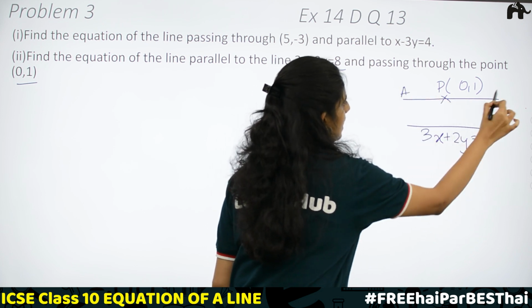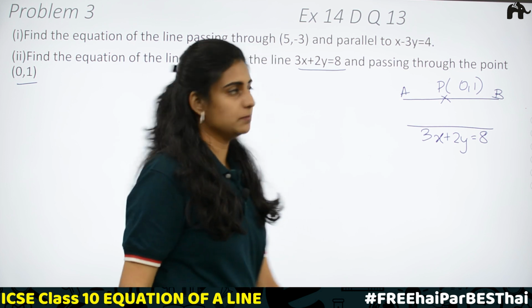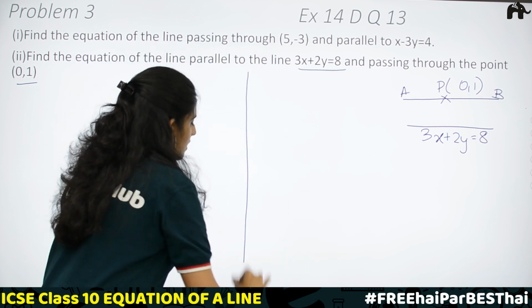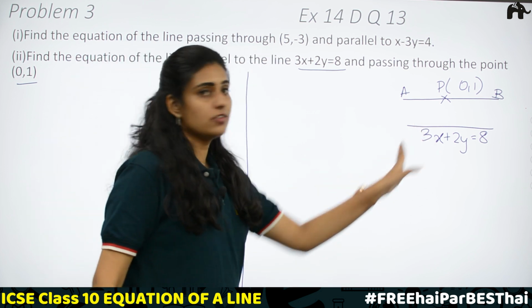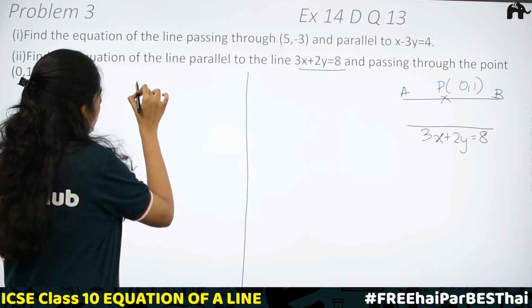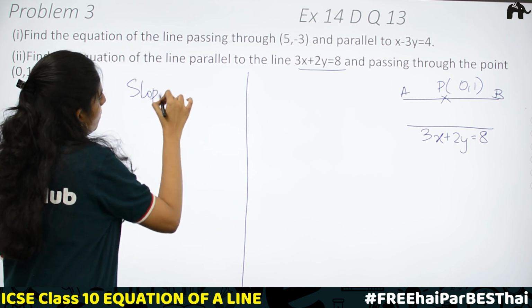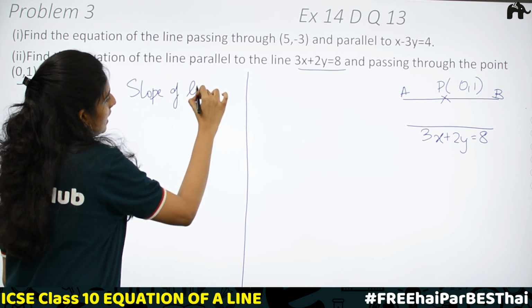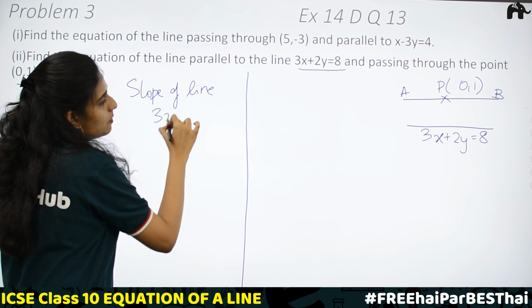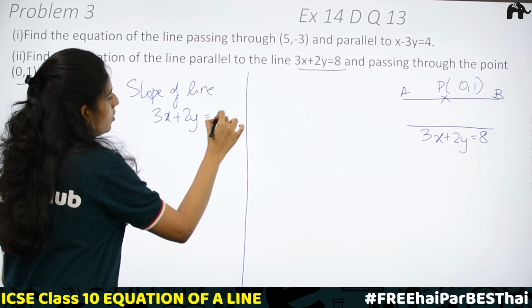Here we take this line as AB. Now, first we'll find the slope of the line with equation 3x plus 2y is equal to 8.